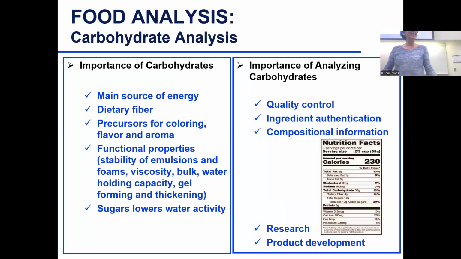Starch from different grains and sources, seeds, to see how they might impact food formulations. So we look at different dietary fibers. We have the soluble dietary fiber, we have the insoluble dietary fiber.